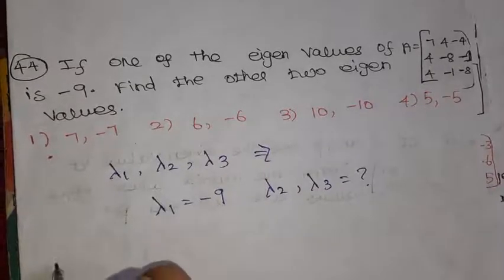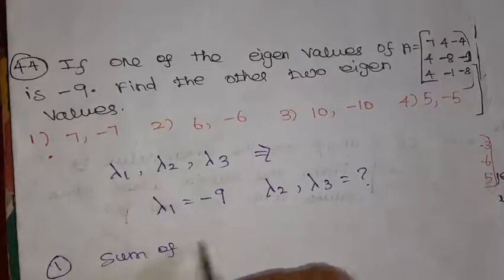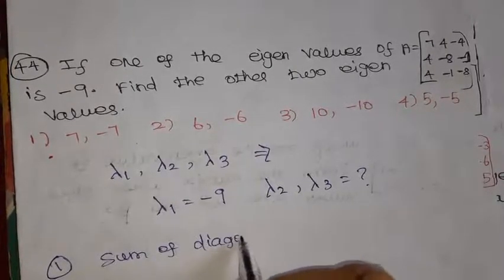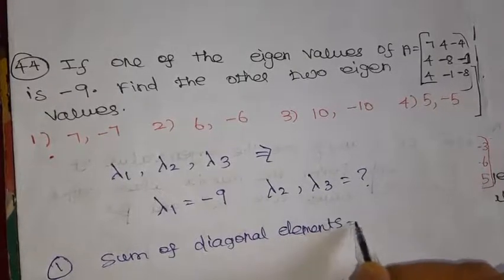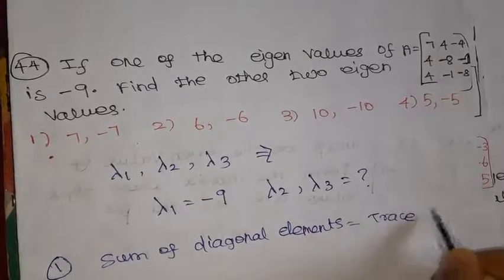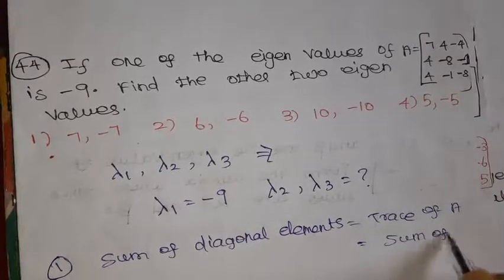What is the first property? The sum of the diagonal elements is the trace of A, and the trace of A is nothing but the sum of eigenvalues.